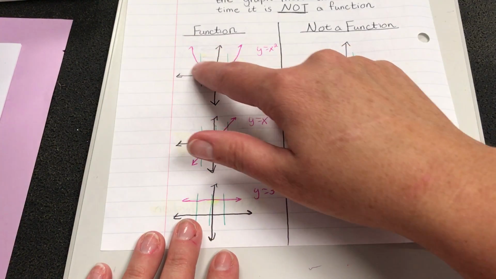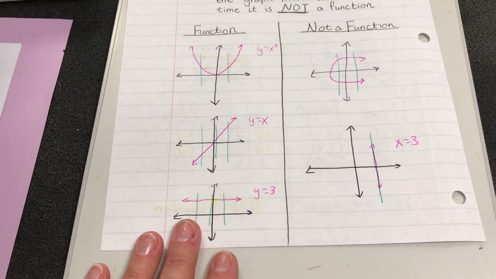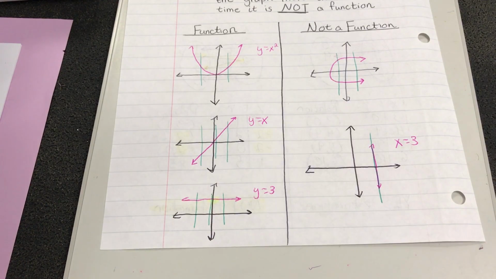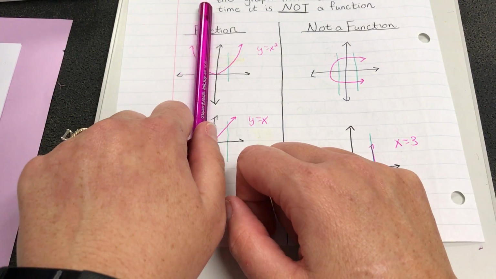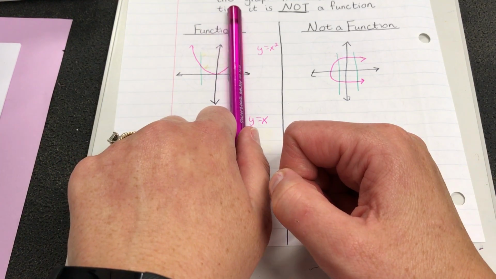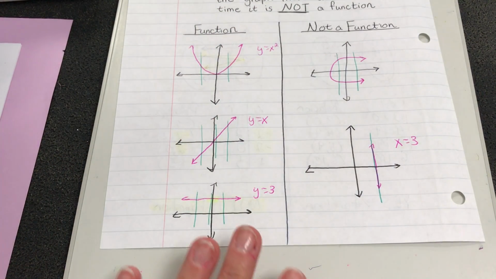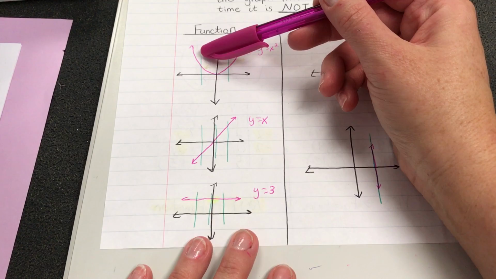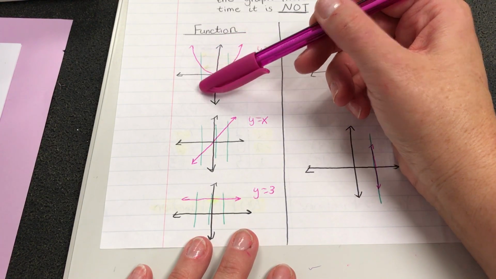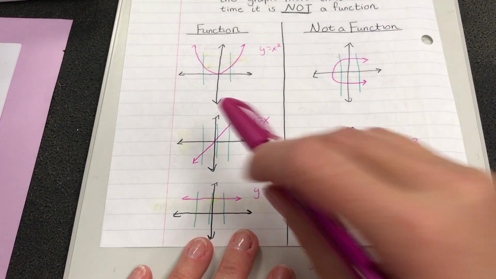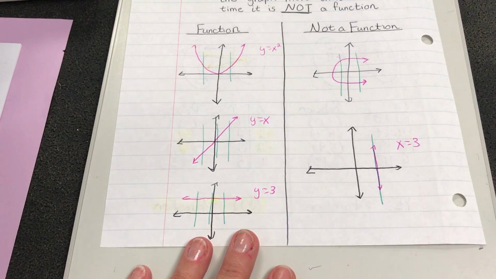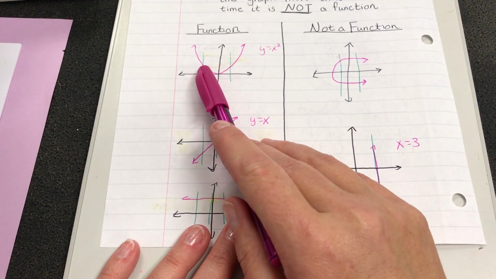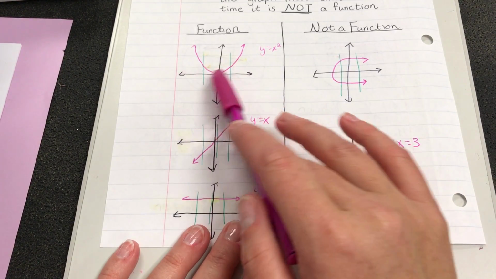So if you go here and you have a U-shaped graph, the vertical line test says as I move my pen all the way across this graph from left to right, the graph will only intersect my pen at any given point one time. So I drew a couple vertical lines. Right here, look at my green lines. It only intersects that green line one time. No matter where I put a green line, it will only intersect it one time. Remember, only focus on the pink.